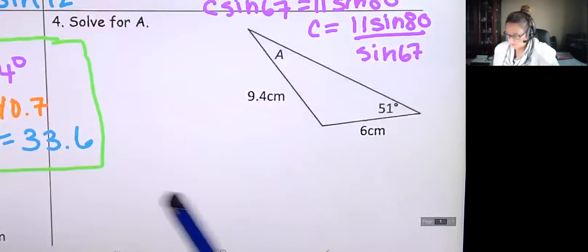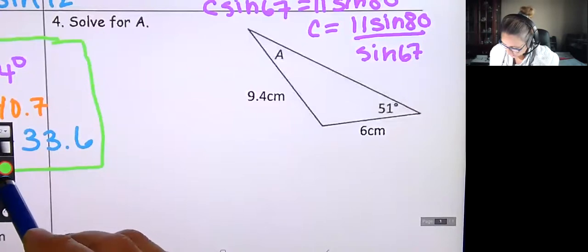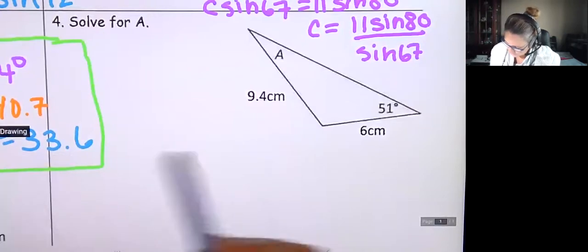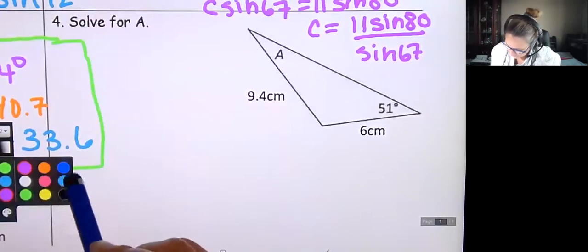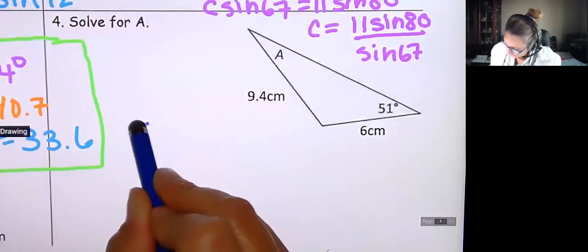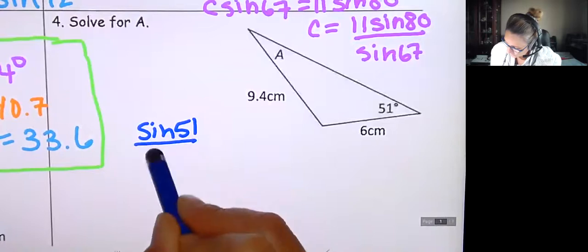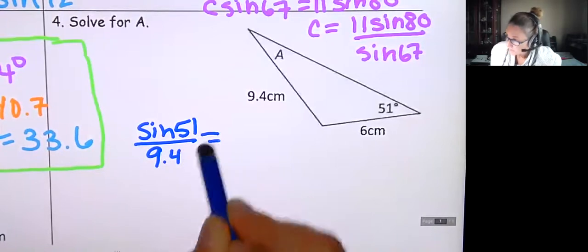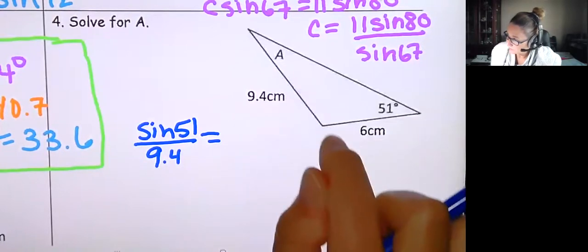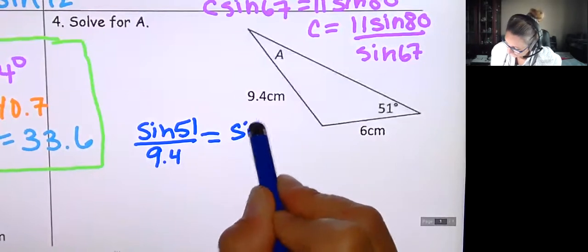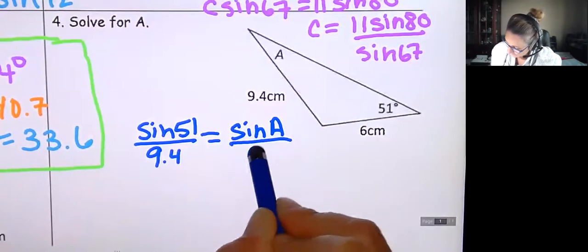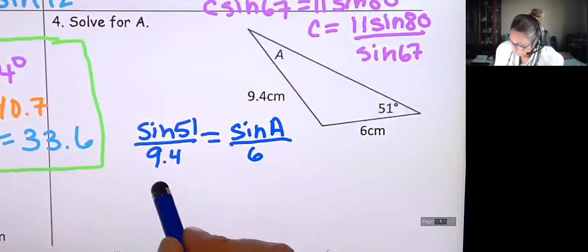And then I'm going to use this 51 with the 9.4. So I'm going to set it up the same way, but I'm going to have an extra little step at the end. So what I'm going to do is take sine of 51 over 9.4 is equal to sine of A over 6. Again, cross multiply and solve.